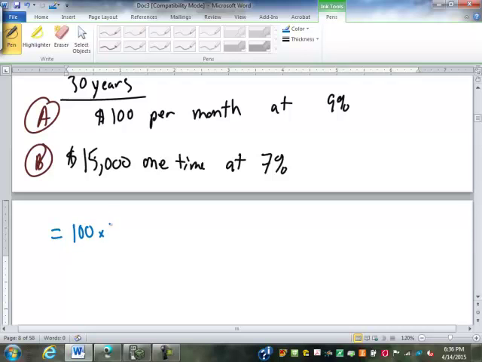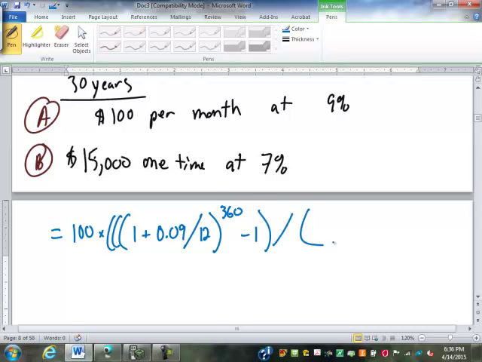100 times, open, open, open, 1 plus 0.09 divided by 12, close, power of 360 minus 1. Close, divide, open, 0.09 divided by 12, close, and close.